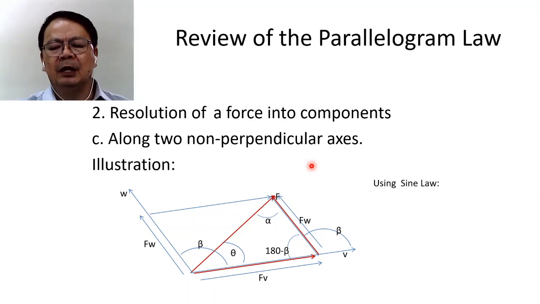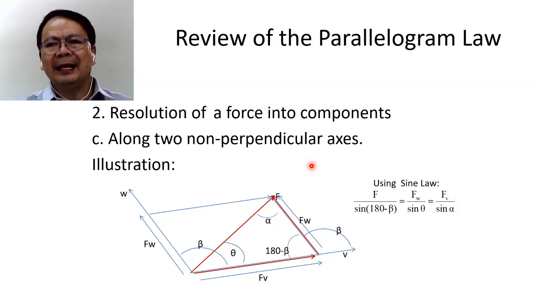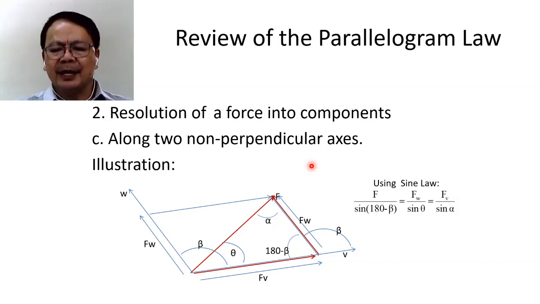principle of sine law. And how do we write the principle of sine law? Sine law states that the ratio of the side to the sine of the opposite angle is proportional. Hence, we may write it as F is to the sine of the opposite angle, which is equal to 180 minus beta, shall be equal to Fw, which is to the sine of theta, the opposite angle, and also equal to Fb, which is to the sine of angle alpha, the opposite angle.